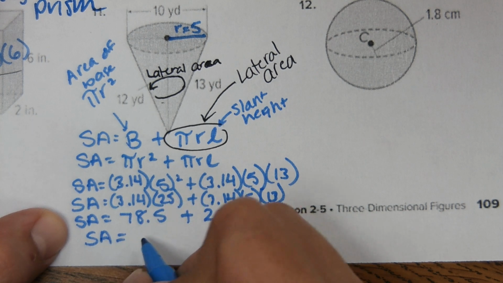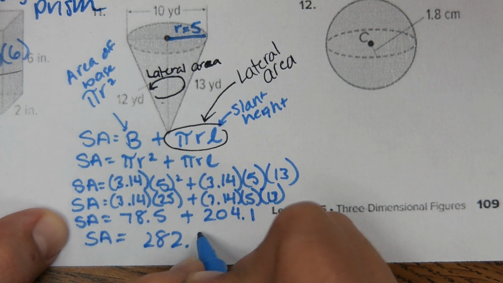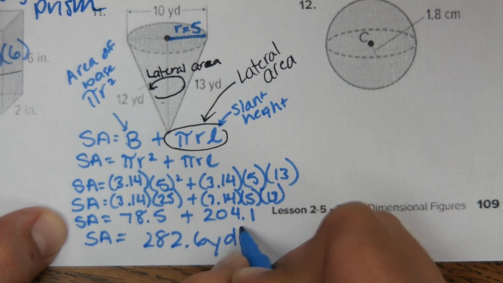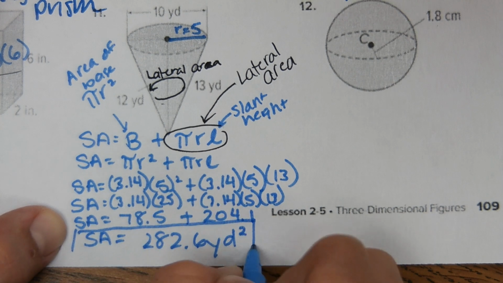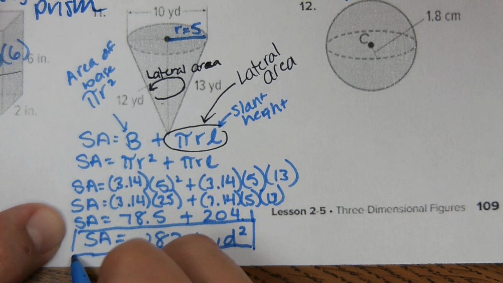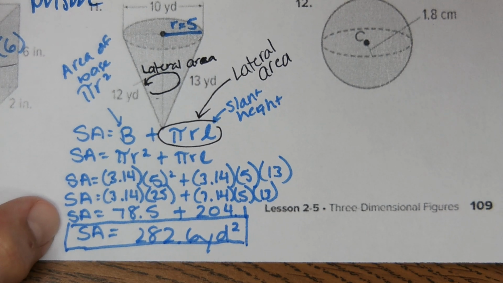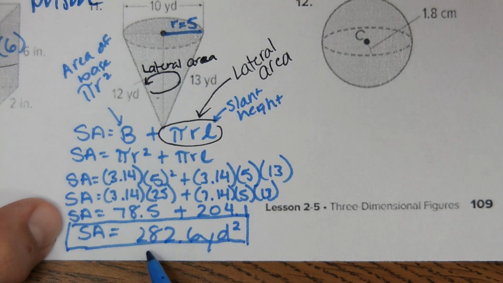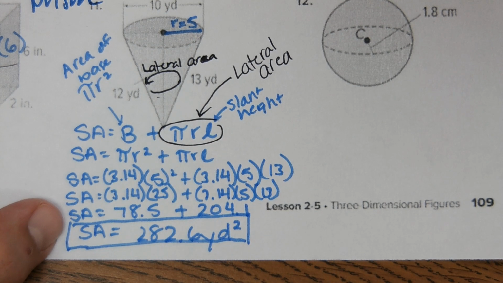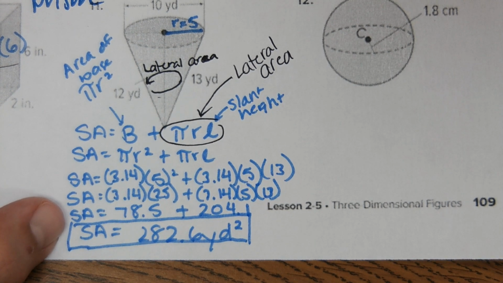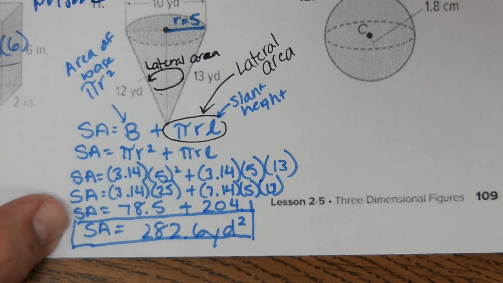And surface area equals 282.6 yards squared. Of course, that is a little bit rounded because of the pi. So if the answer choices were a little bit off, like let's say it said 283, we still did it right. It's just they rounded the pi differently or didn't round the pi.